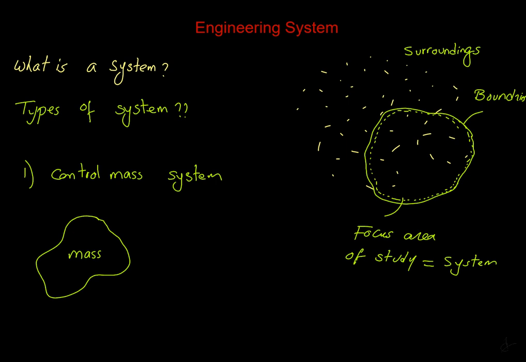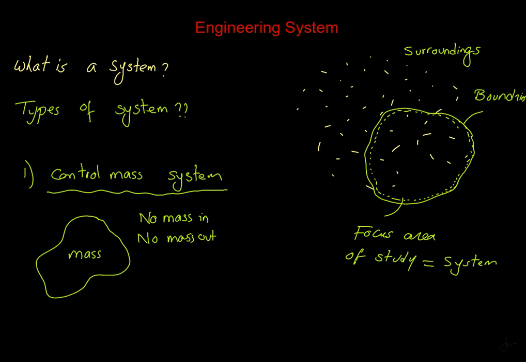How do we have that constant mass system? It means that the boundaries of that system do not allow mass in or mass out through the boundary of that system. So the control mass system is a system that does not allow mass to penetrate or go through the system boundaries.